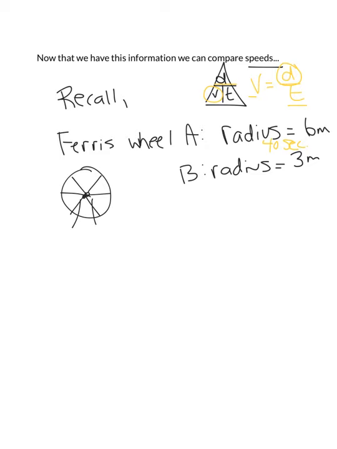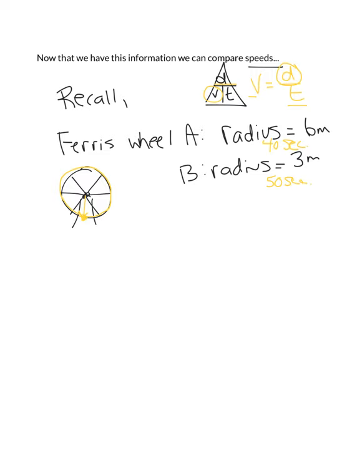Add this in here. And Ferris wheel B took me 50 seconds. I don't know how long one full rotation is. I know that the radius is 6 meters, but I don't know how long it actually is to go all the way around. So what I need to do is calculate the circumference.